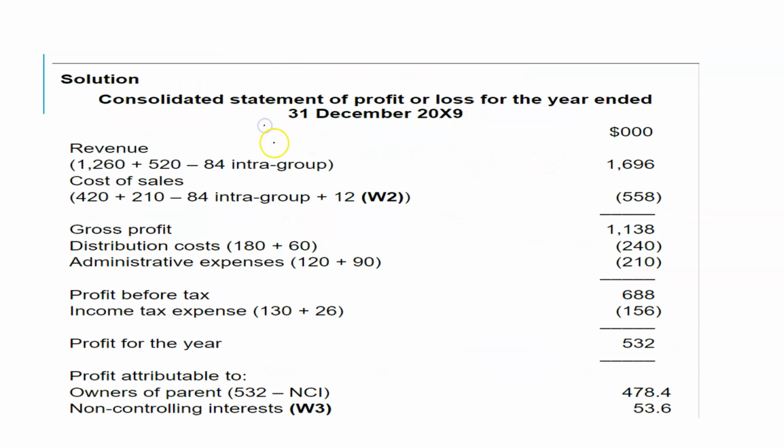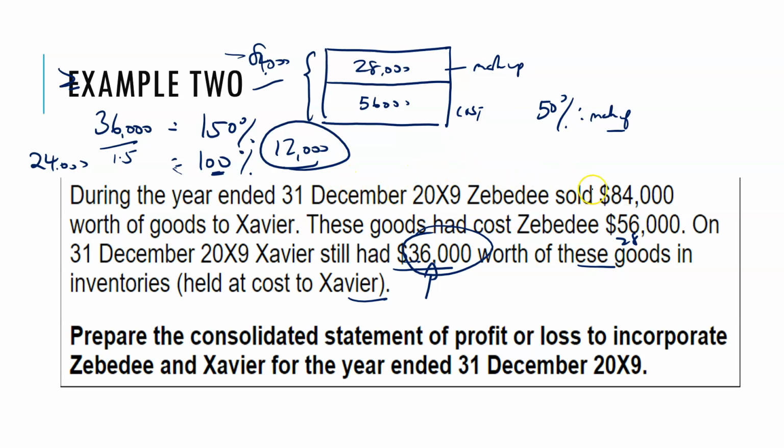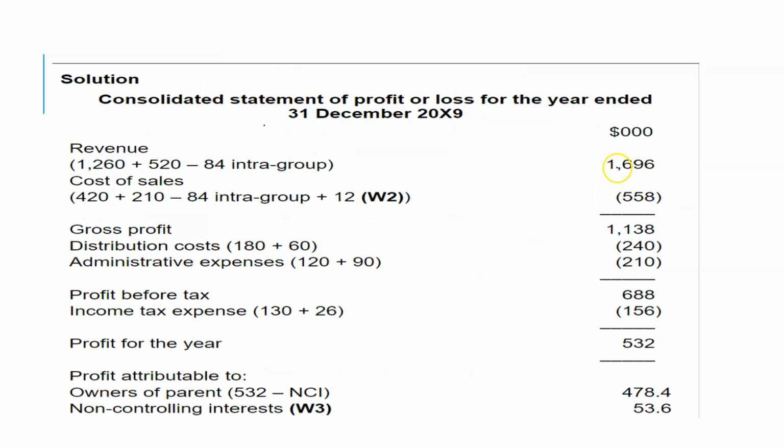So what do we see here? Oh, sorry, forgive me. That transaction of 84,000 happened, so that needs to come out. That was the actual intercompany transaction. That transaction cannot be allowed to hold. It needs to be removed.